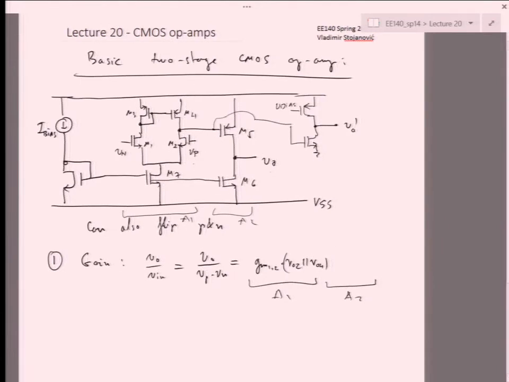We said, if you remember, that when we looked down, we saw 2 RO2. And when we looked up, because of that feedback, we also saw another 2 RO2 in parallel with RO4. The current mirroring was creating this reflection of 2 RO2, so 2 RO2 in parallel with 2 RO2.